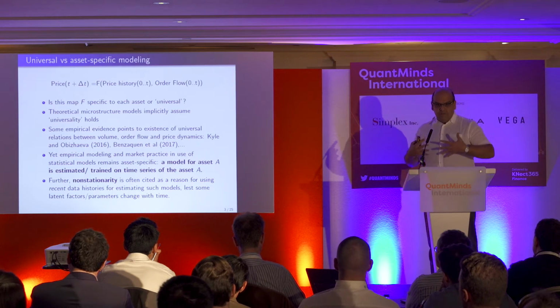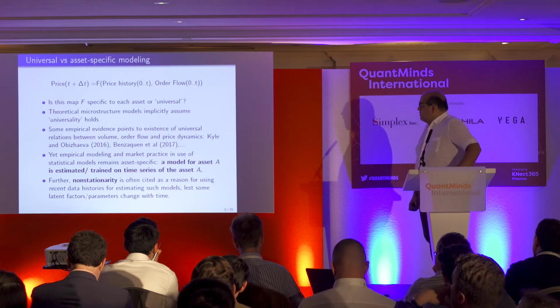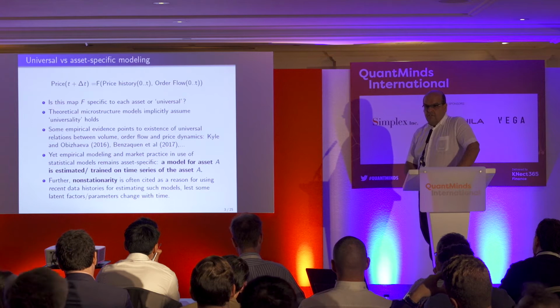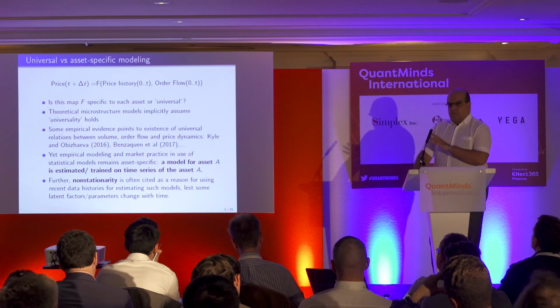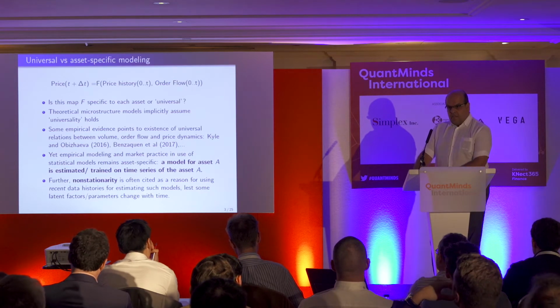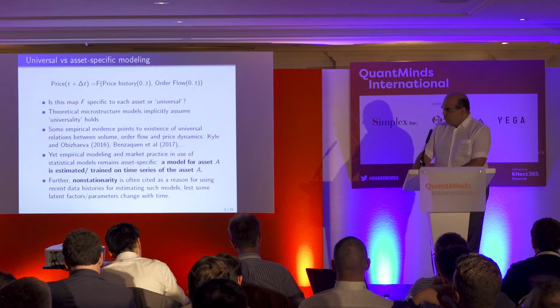Can we really build a model that holds for all stocks? And then there is the question of stationarity. Suppose I have a very good performance on some sample. How far ahead can I take this model? Is it going to work tomorrow? Is it going to work next month? And so on.